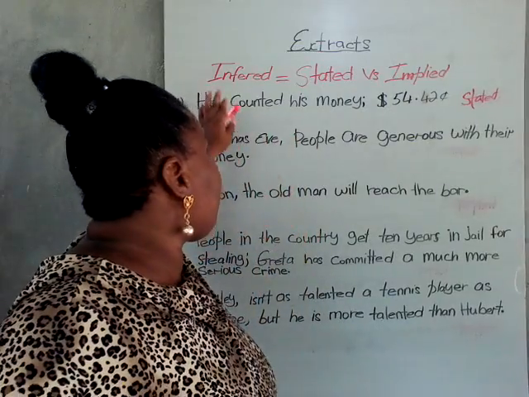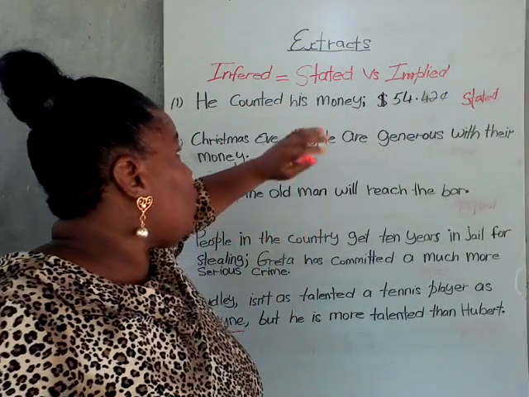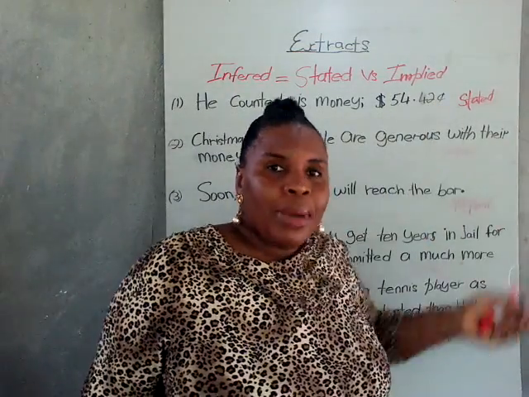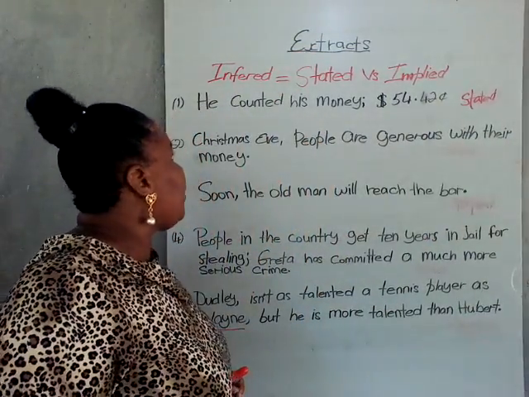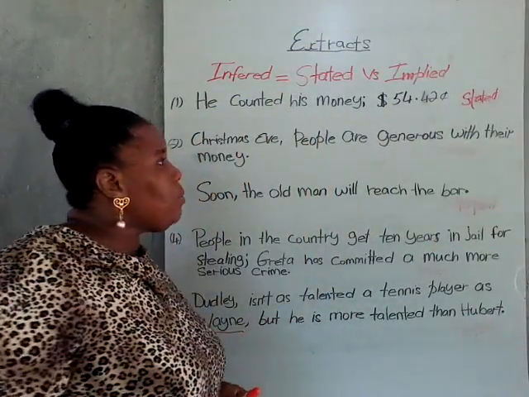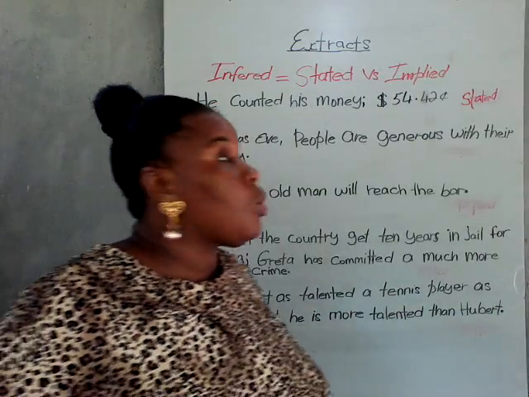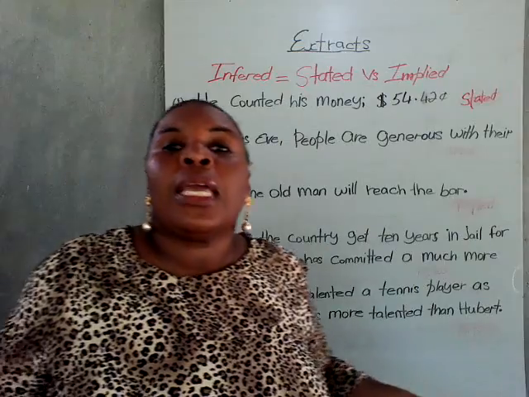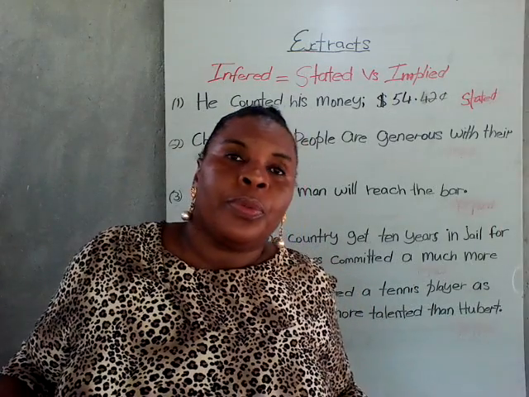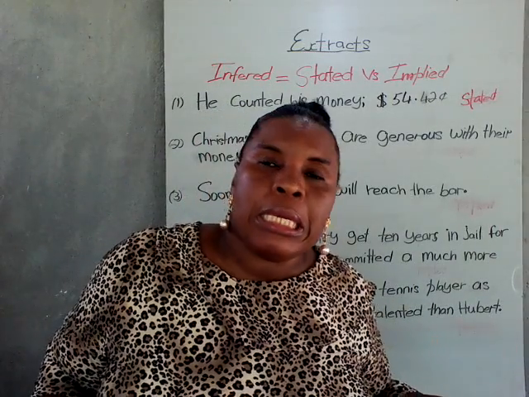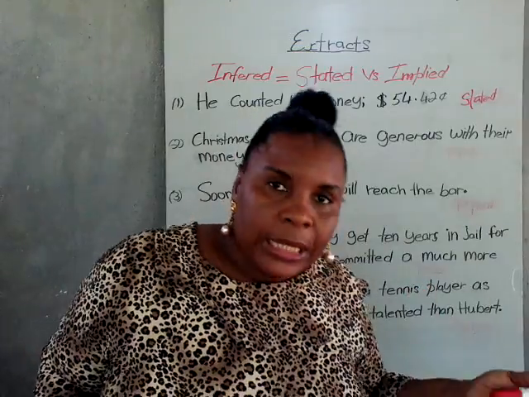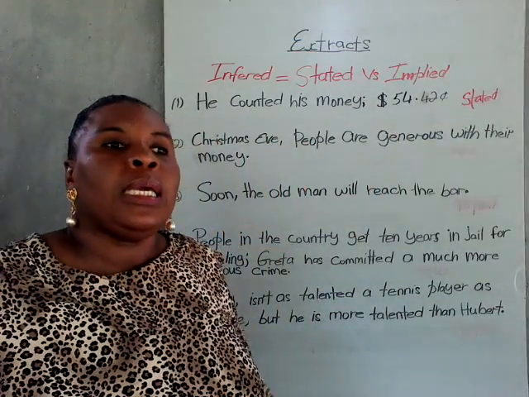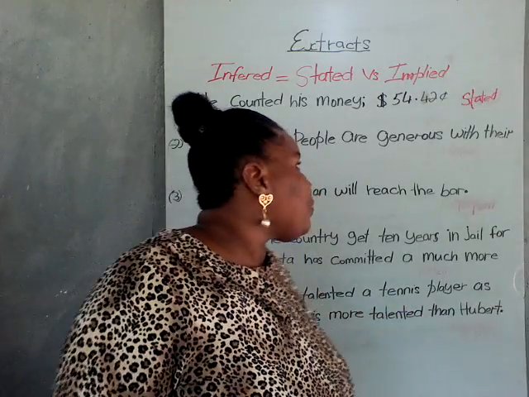So you can state if it is stated or if it is implied in that statement. All right? So he counted his money, $54.42. This is stated because there's nothing that can change in it. There's nothing to be questioned. There's nothing to be explained. Right? Because you know the amount of money he had counted.